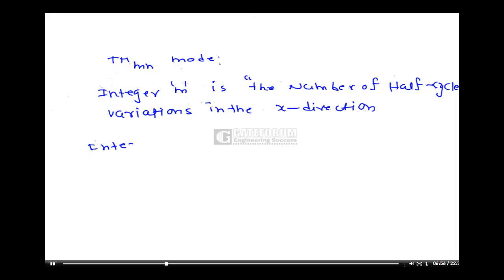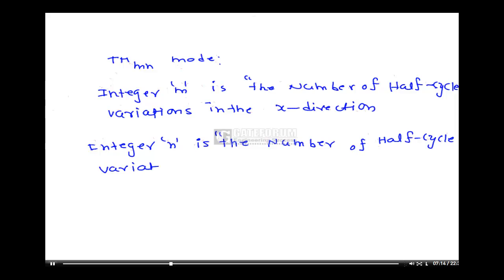Integer n is the number of half cycle variations in the y direction.